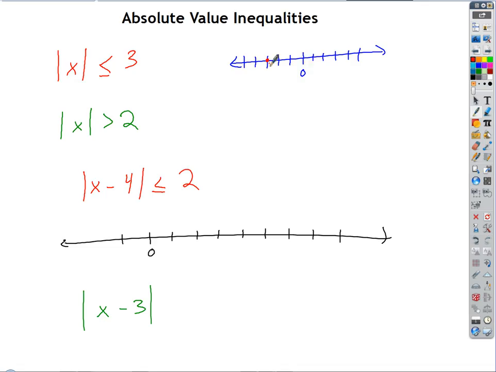What's another one? 0 would work. What's another one? 3 would work. But negative 2? Yes. Positive 2, negative 1, positive 1. Negative 2.99999, etc., right? What about negative 3.1? No. So then the set just looks like that, doesn't it?